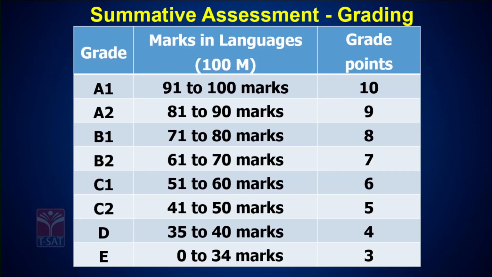So, dear viewers, in today's session we have discussed evaluation and assessment, and we have come across 4 different terms: test, measurement, assessment and evaluation. CCE is continuous and comprehensive evaluation. And evaluation is a lifelong process, it is continuous, it is done at every level, and evaluation has its implication on us.